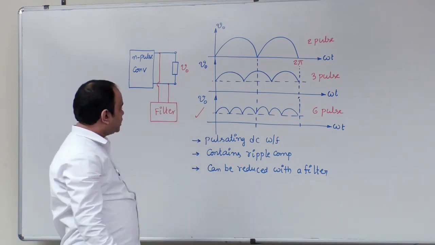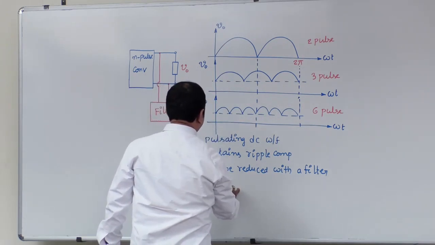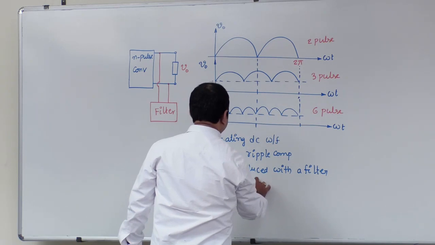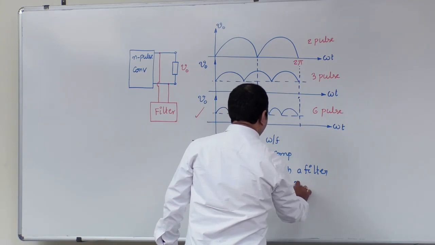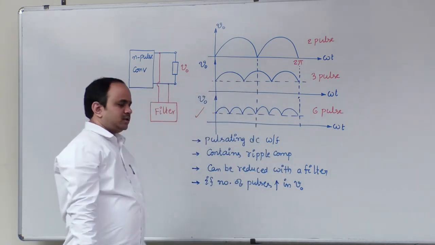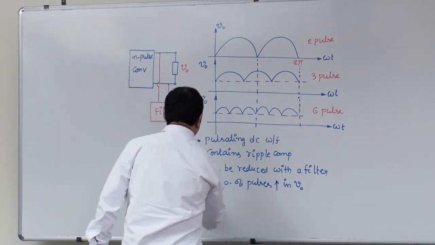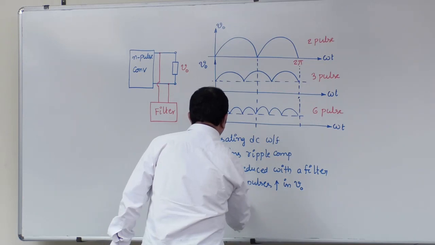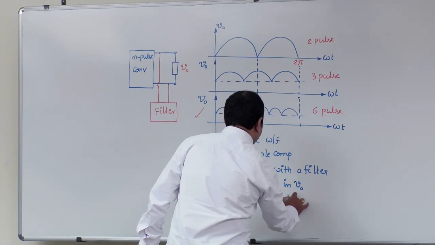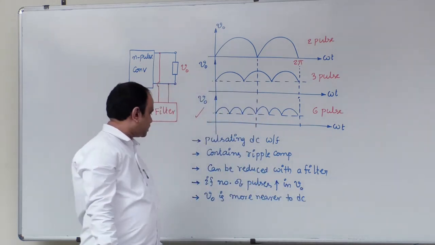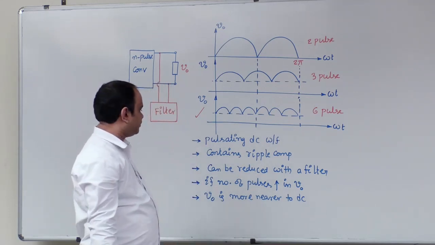But what is the conclusion here? If the number of pulses increases in V0 waveform, then what do you mean by that? V0 waveform is more nearer to DC waveform, okay.